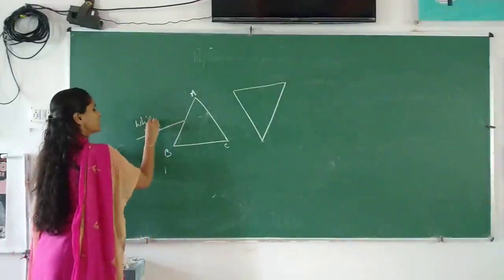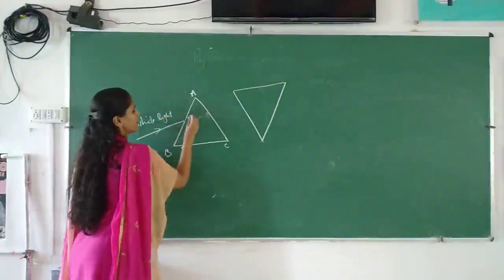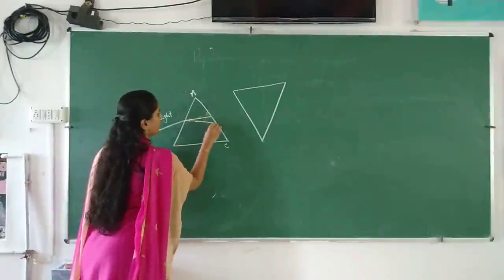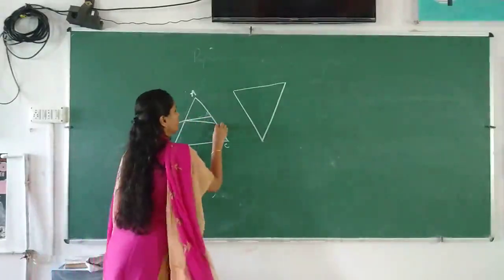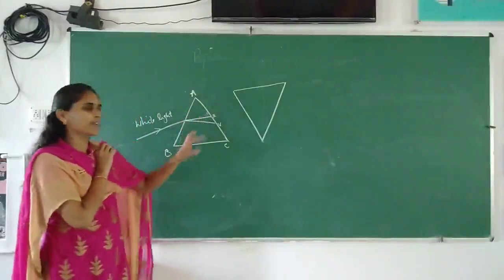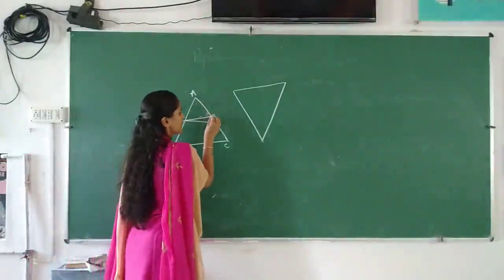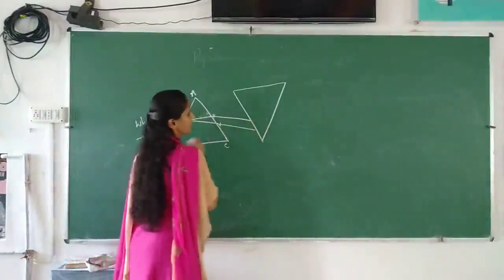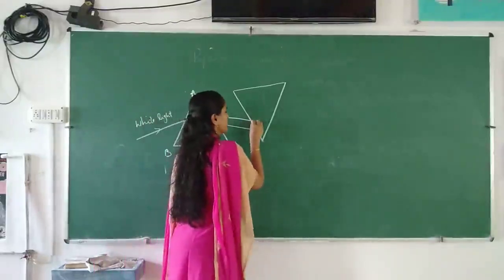So when white light is passing through this, what happens? It will be split into 7 colors. Here we are showing only the first and last colors: violet here and red here. In between violet and red, all the remaining colors will be there. Again, the same light is allowed to pass through the second prism.